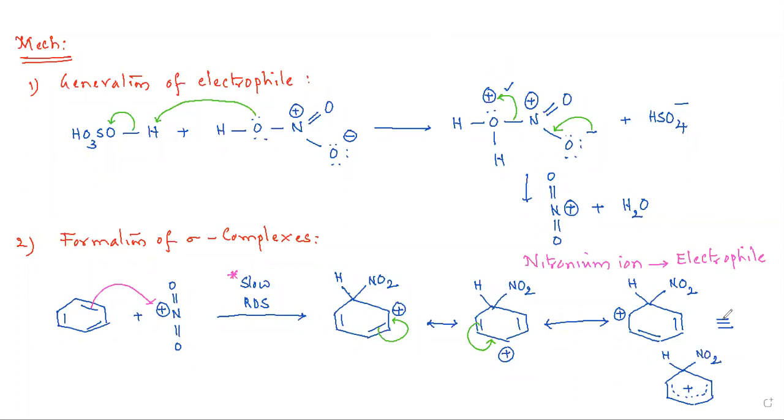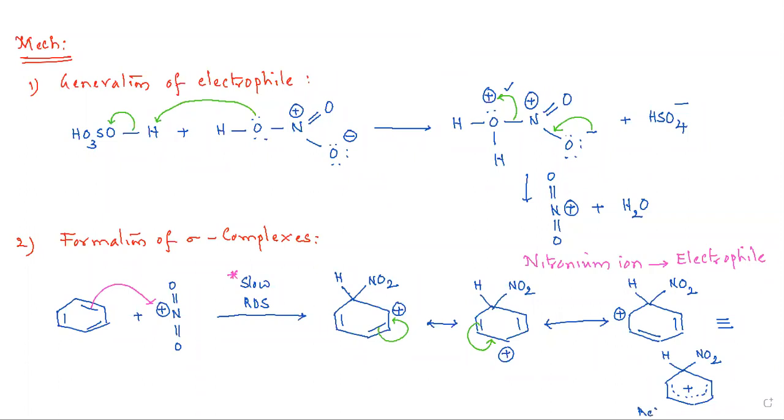This circling refers to the fact that the positive charge can be on any of the two ortho positions, and of course the para position.